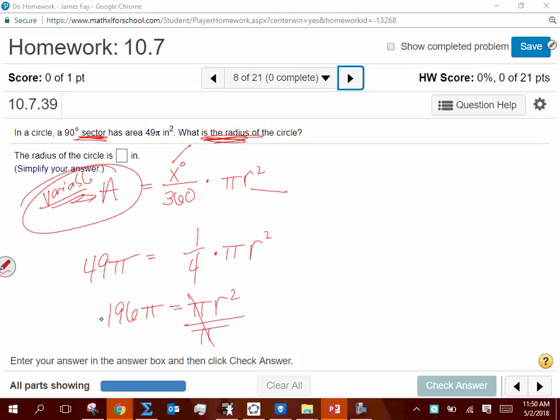Divide by it. So now it leaves me 196 is equal to r squared. So how do I solve for r? Square root. Square root of 196 is 14. So the radius of the circle is 14. And you should be good from there.